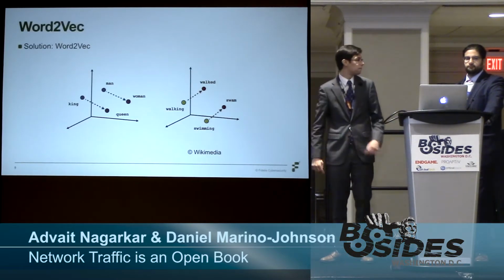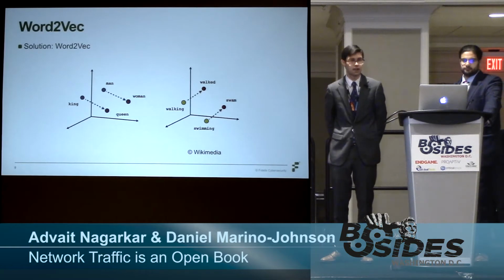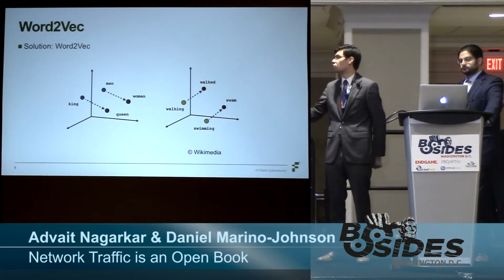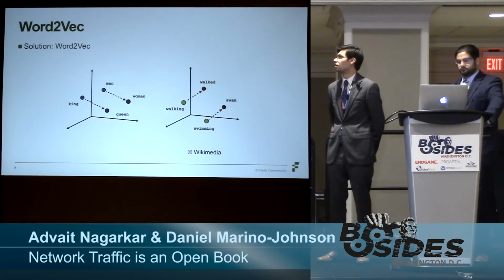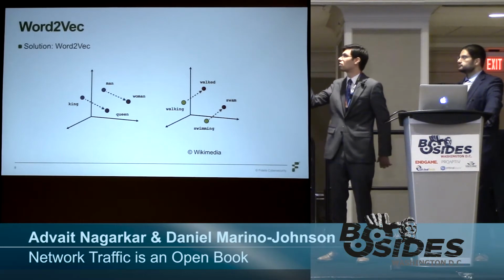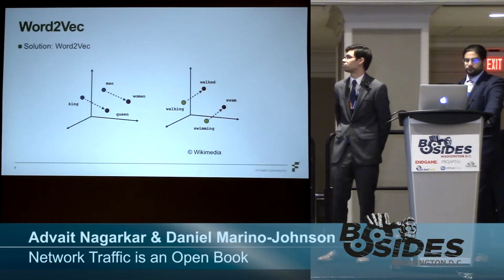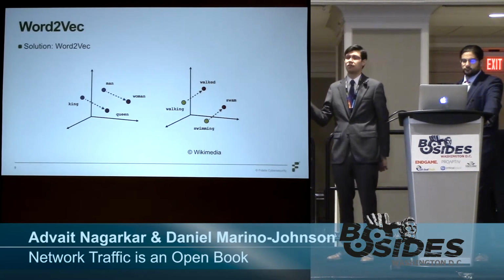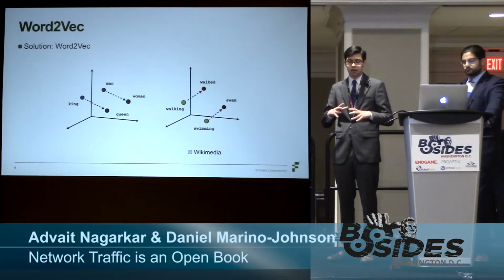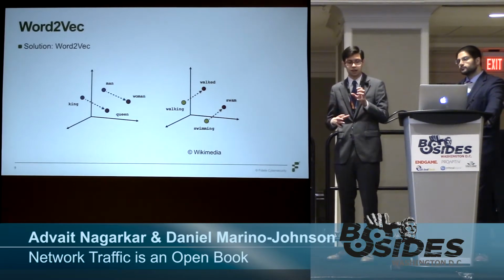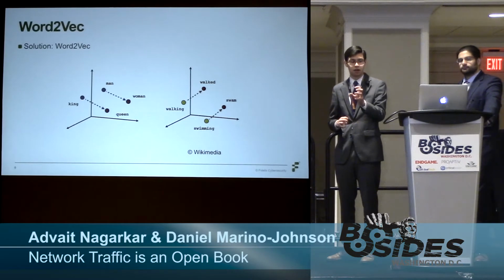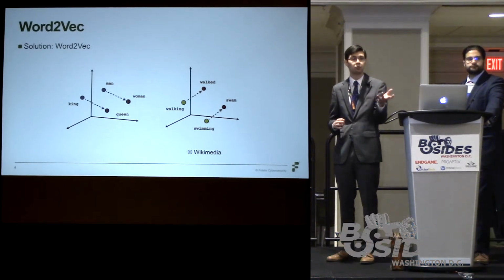Which allows a massive dimensionality reduction. Exactly. And more capability of expressing all these different words in this lower dimension. So the idea of word2vec is you train it on a corpus of data, and it's trained to recognize possible context from a word.